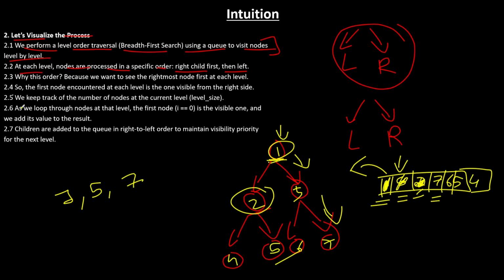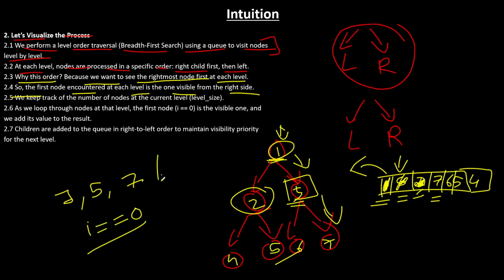Now, why this order? Because you want to see the rightmost node first at each level. So the first node encountered at each level is the one visible from the right side, correct? Because then, when you encounter the rightmost node the first time, in this case when i is 0, what is this i?